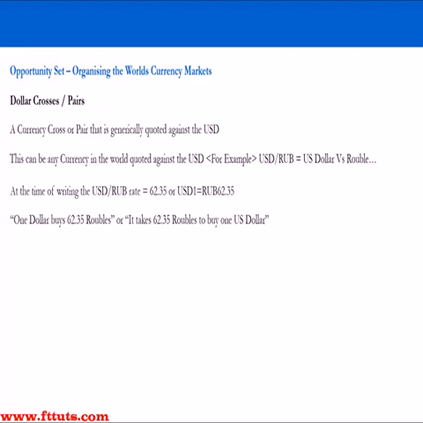Another way in which participants, so conflict of interest participants in the Forex markets, segment currencies is, you will find brokers, investment banks, media outlets, so television, newspapers, online media.